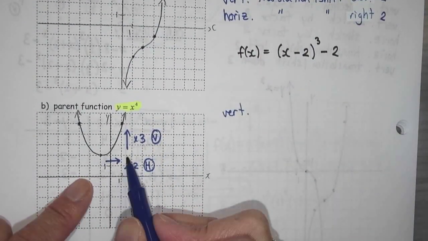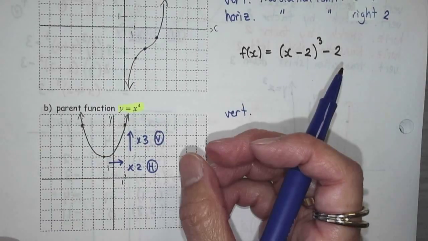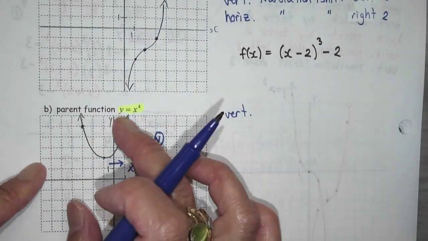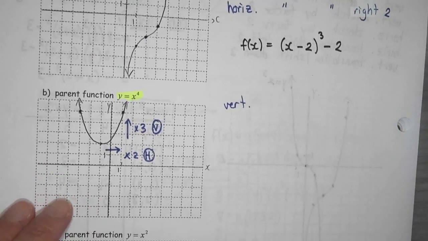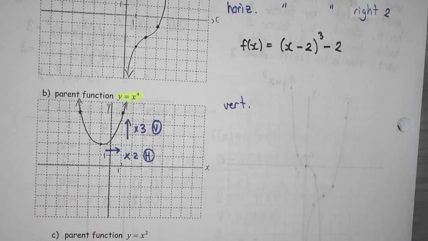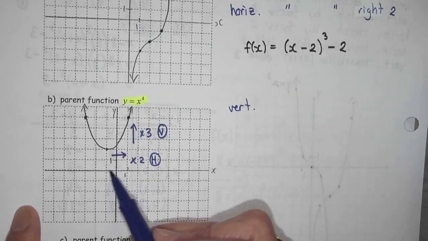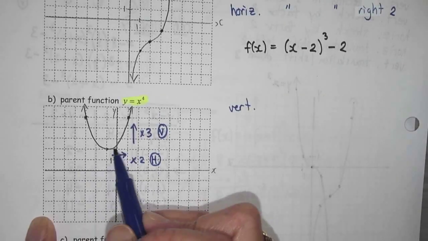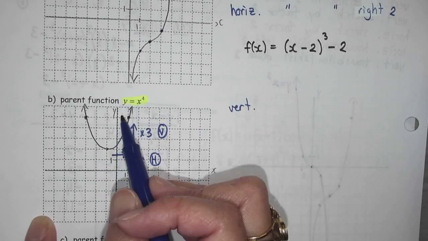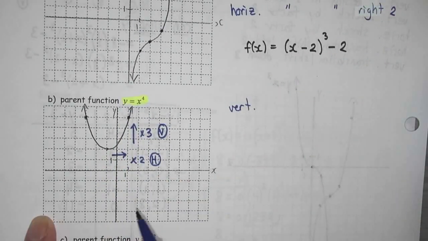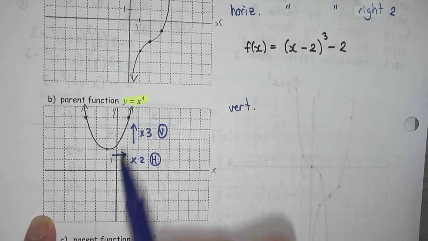This is a horizontal stretch by a factor of 2 because it went twice as wide and 3 times as high. We didn't do a lot of doubles last year, but we did show you them. Sometimes we kept it to single, either horizontal or vertical, but we did do some with double. So this is both double wide and up 3. So it's 2 times as wide and 3 times as high. Okay, so times 2 horizontally, times 3 vertically.